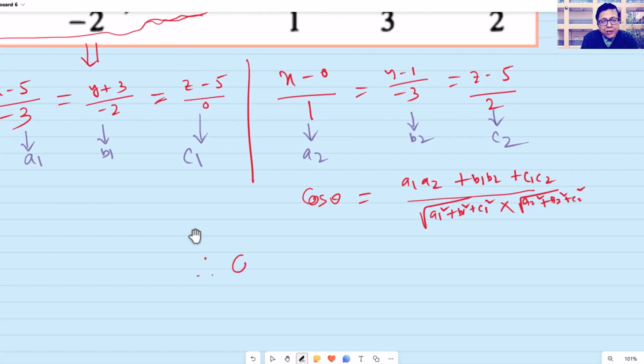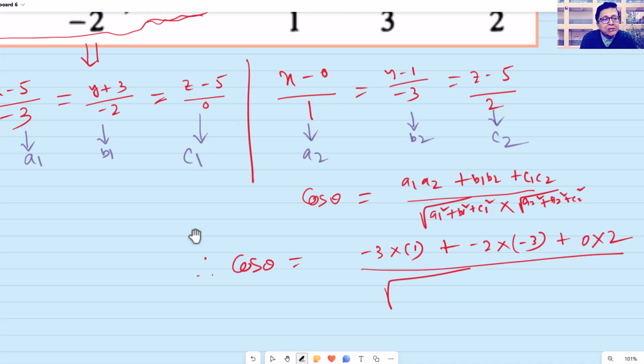So cos theta will be what? A1 A2, minus 3 into 1, B1 B2, minus 2 into minus 3, plus C1 C2, that divided by under root 9, 4, 0 and here 1, 9, 4.